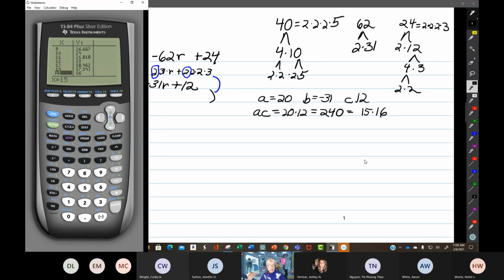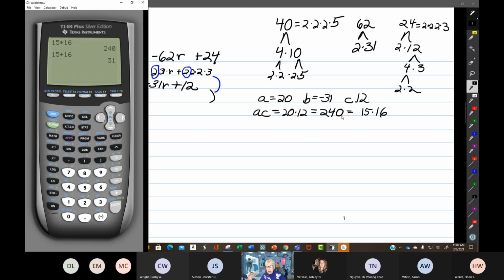All right, 15 times 16. Let's make sure. 15 times 16 is 240, okay? And 15 plus 16 is 31. But we need the negative version.